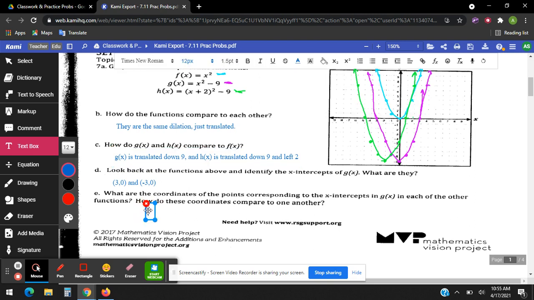So h of x x-intercepts are at 1 and -5, so 1 comma 0, which are 2 less than g of x intercepts. Right? So they are just g of x less 2, which would make sense because we scooted left 2.